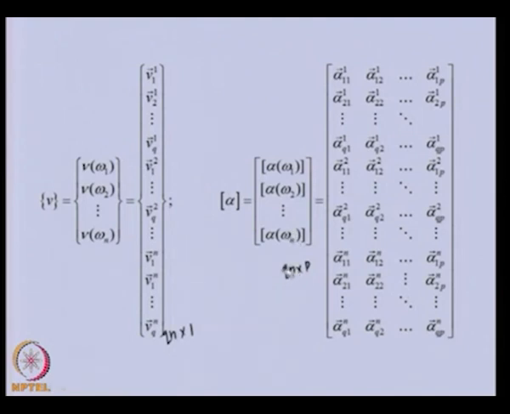So the number of rows will be n times that of one influence coefficient. And here we have written it in the expanded form.